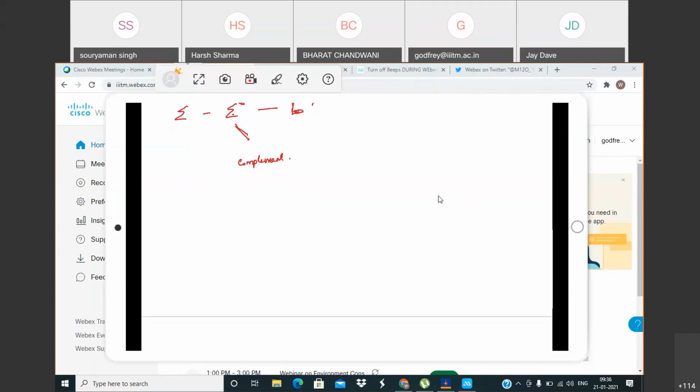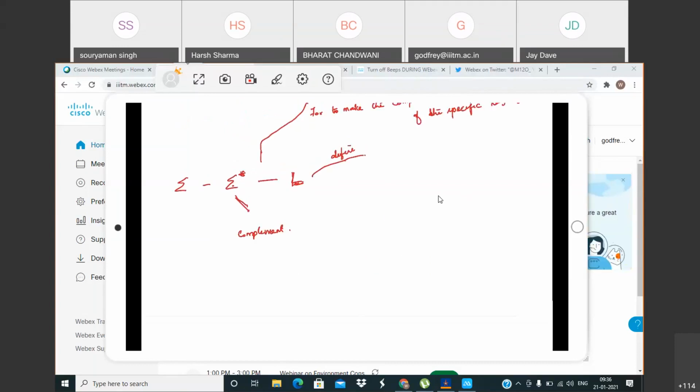So now we'll look at one more definition, which is called the sentence. The formal term for a string in a language is a sentence. So you can say it as a string, also a sentence.